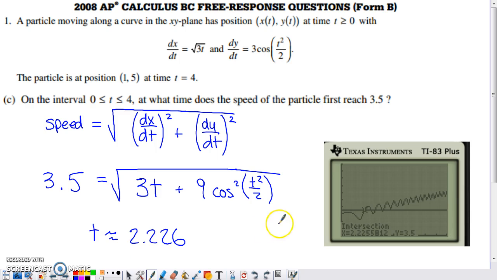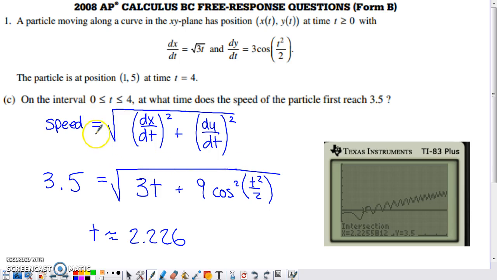In part C, they tell us that we are considering the interval from 0 to 4 for t, and we want to determine the time when the speed of the particle first reaches 3.5. If you know how to go from velocity components to speed, it's basically resolving a vector and finding its magnitude.